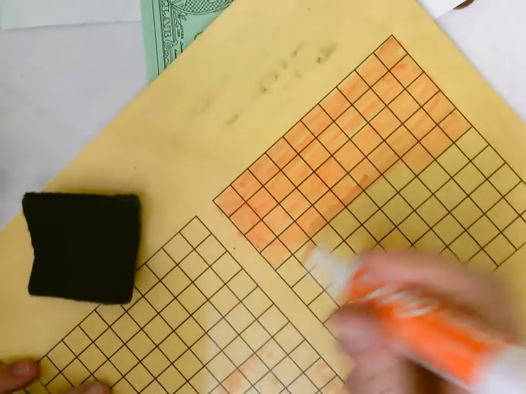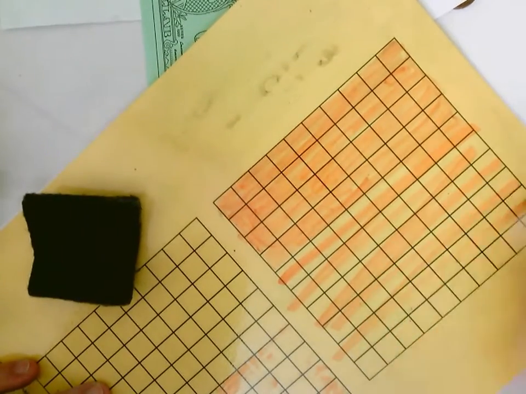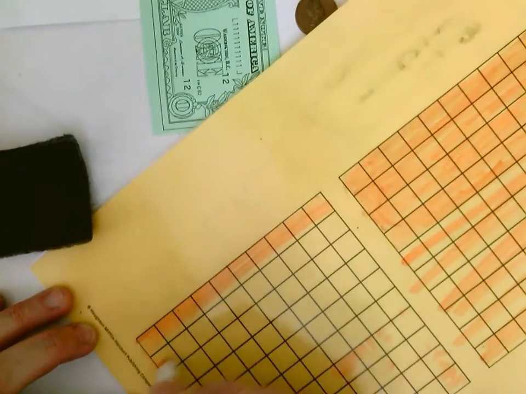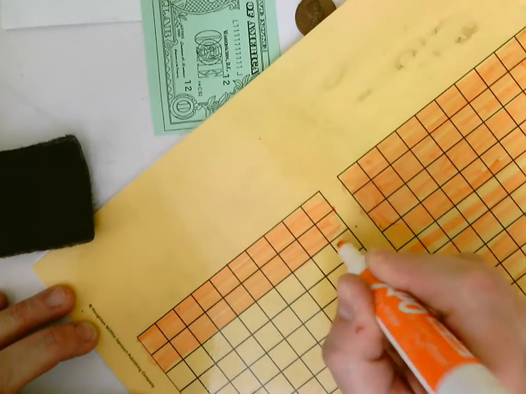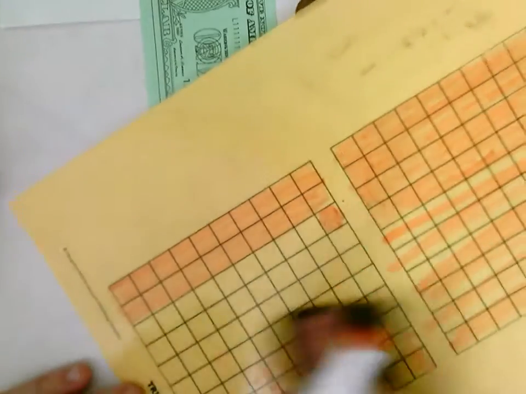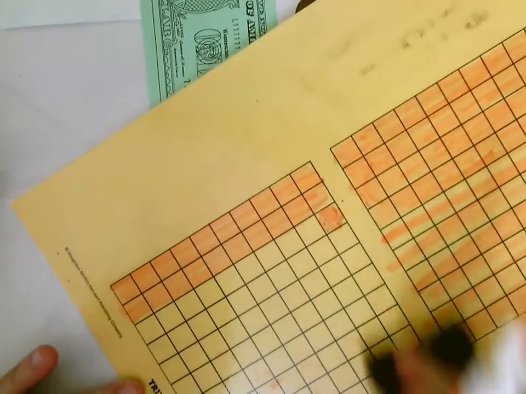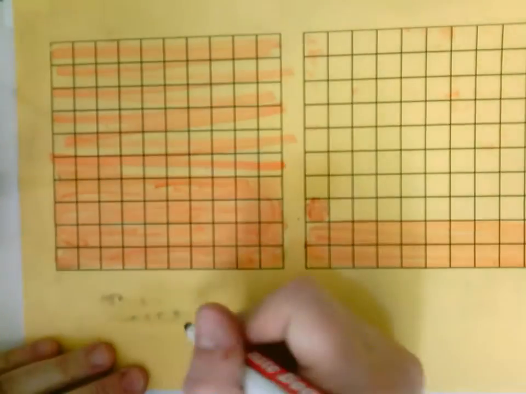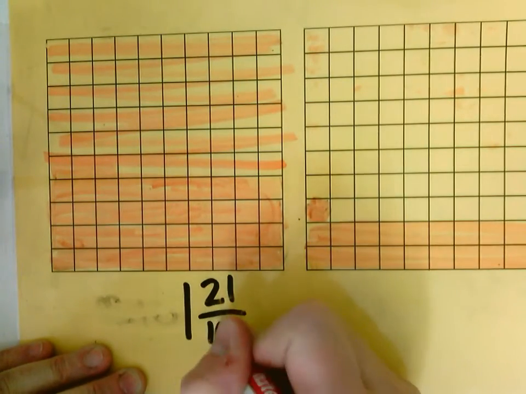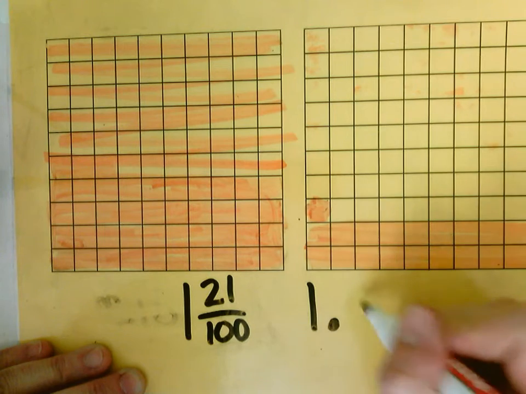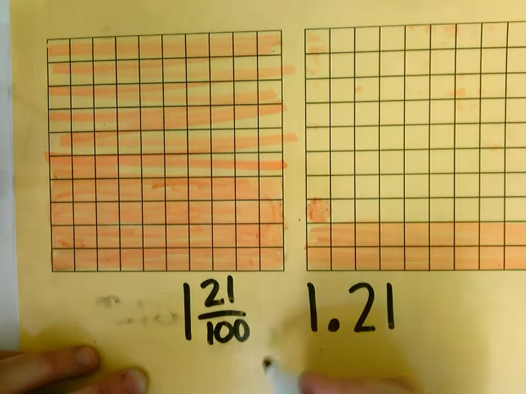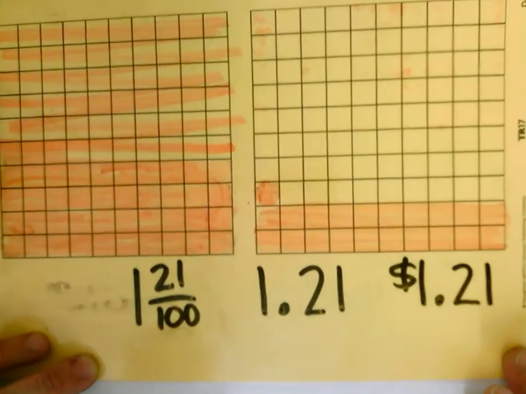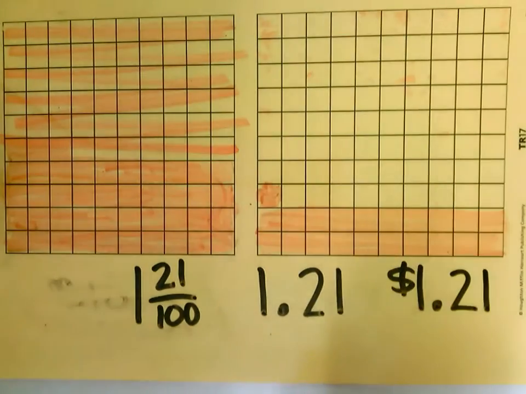So that's going to be this whole one filled in and 21 cents. 10, 20, one more. So I can write this as a mixed number of 1 and 21/100ths, or as dollars and cents, $1 and 21 cents. $1.21.